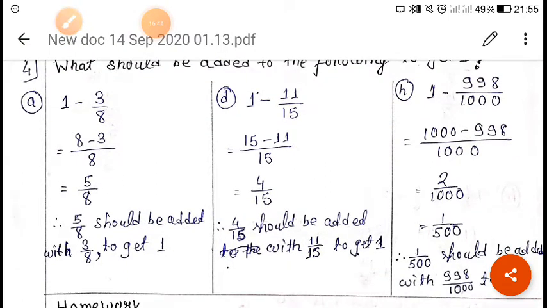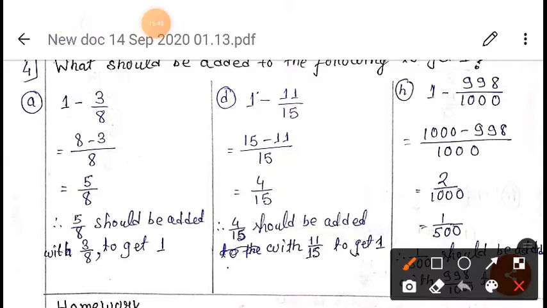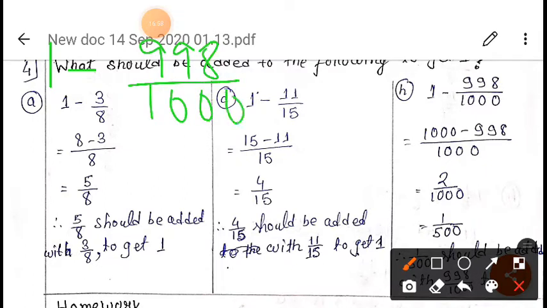Next is 998 by 1000. So again what we will do, 1 minus 998 divided by 1000. Here nothing is written, which means 1. So again the LCM will be 1000 itself. So we will write here 1000 as LCM.